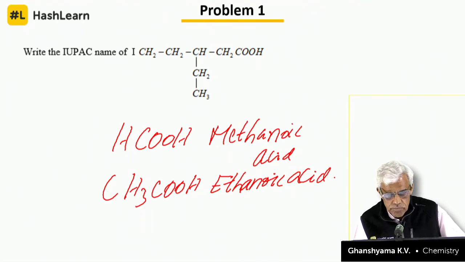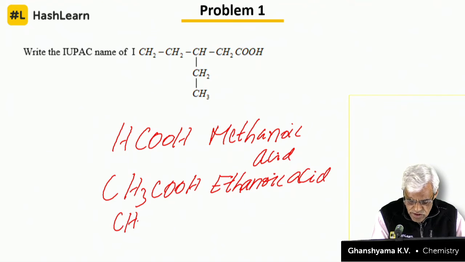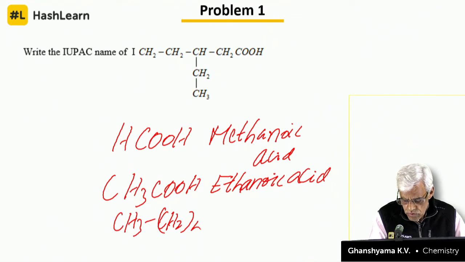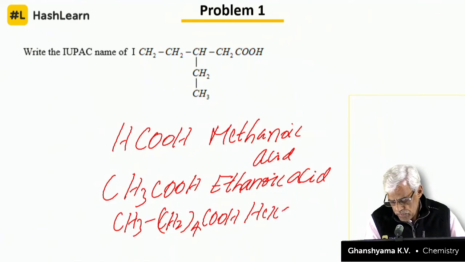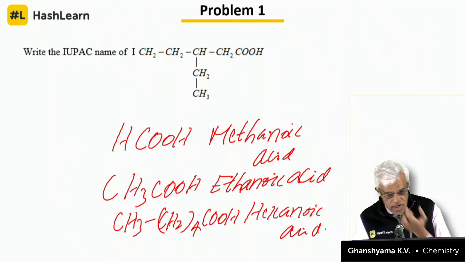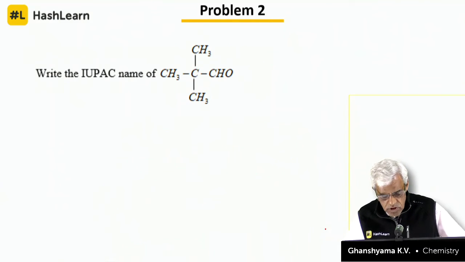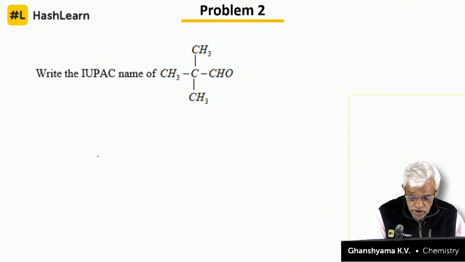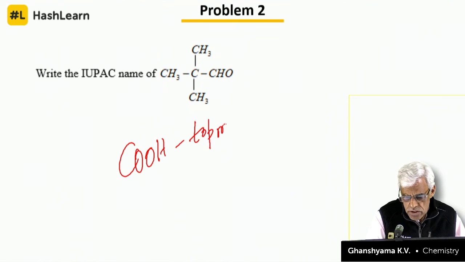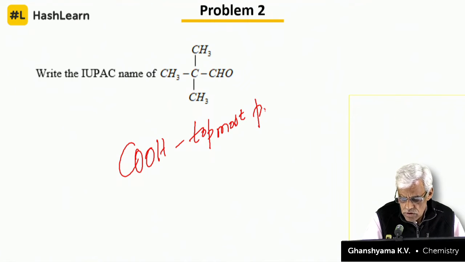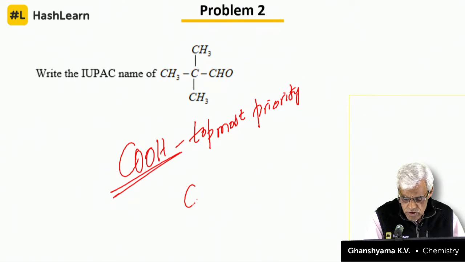And CH3(CH2)4COOH is hexanoic acid. Remember one thing, in the priority list COOH is given the topmost priority. Therefore, if you have a COOH group, the name should end with oic acid only.